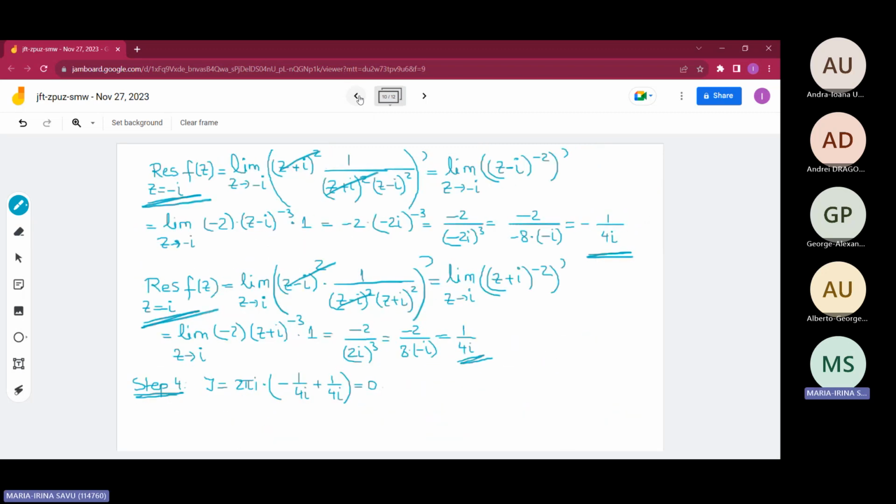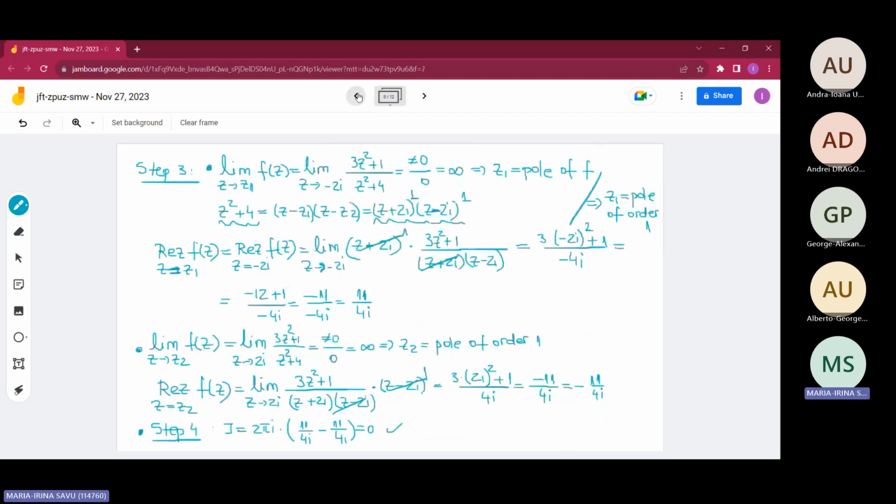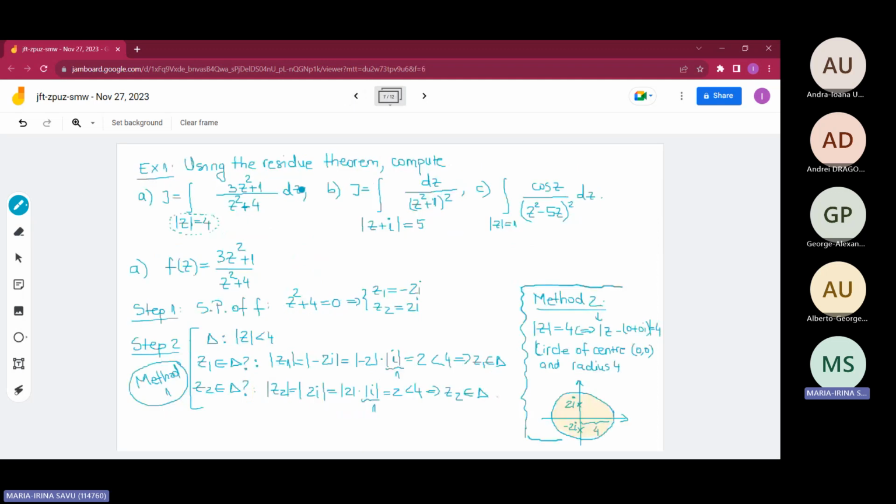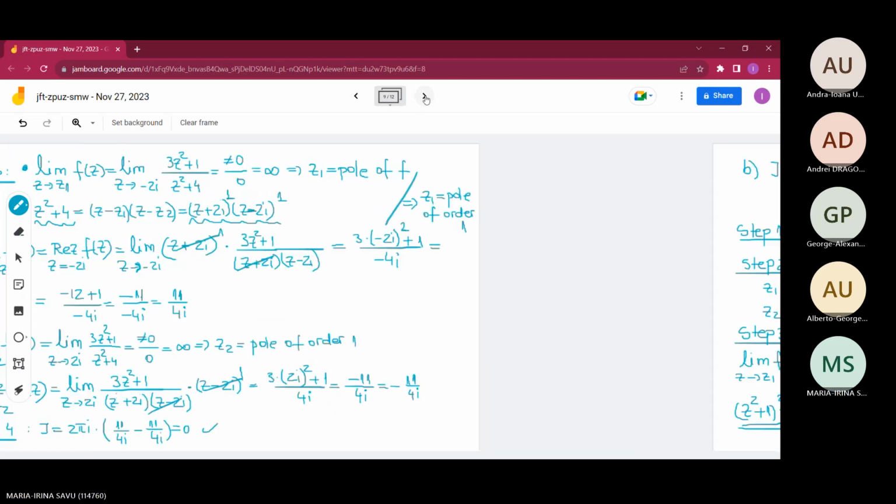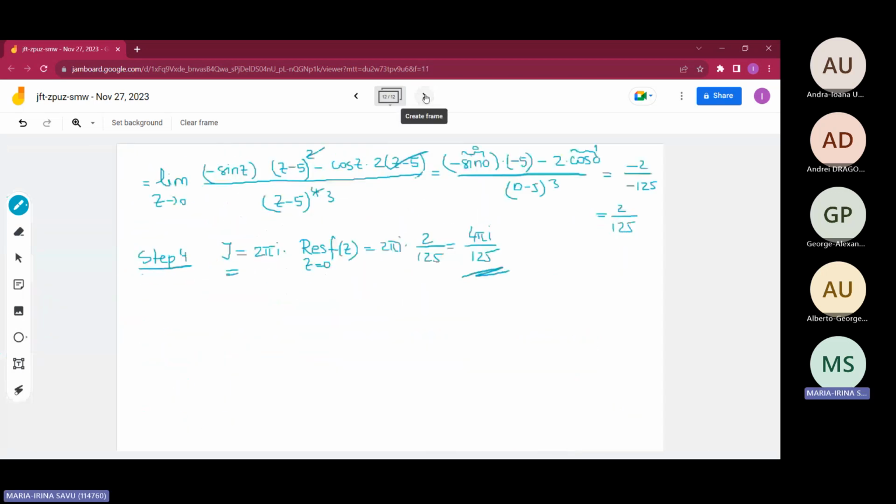Okay, let's see another exercise. So this was the first exercise. Now the task is the same, but we'll have different functions.